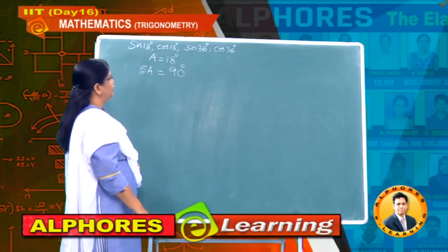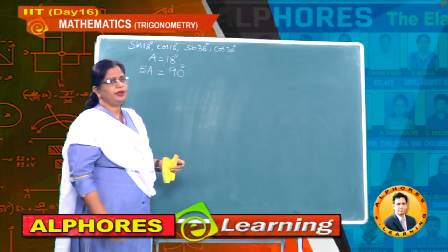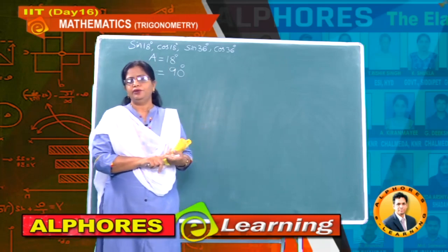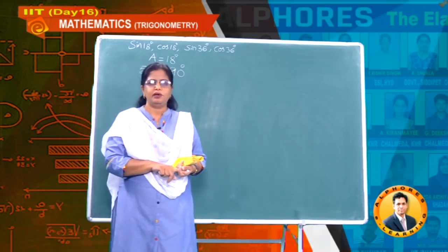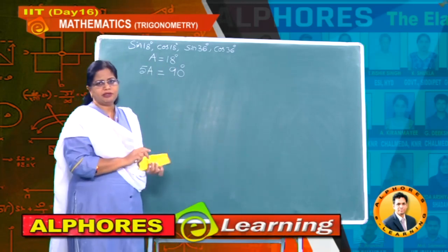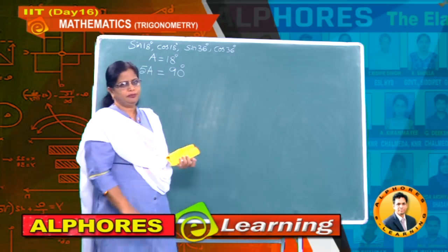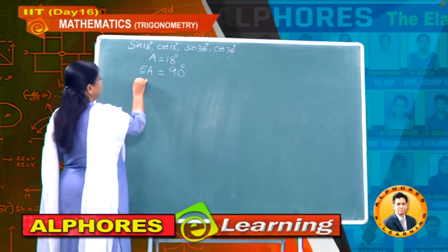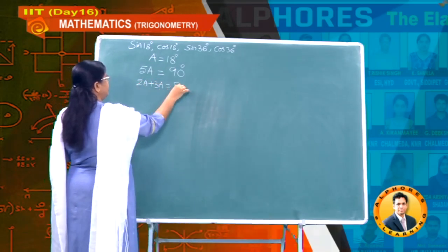Now let us split 5A as 2A plus 3A, because we know the formulas of sin 2A, cos 2A, and at the same time sin 3A, cos 3A also. That is why we split in terms of 2A plus 3A, rather than A plus 4A. So 2A plus 3A equals 90 degrees.